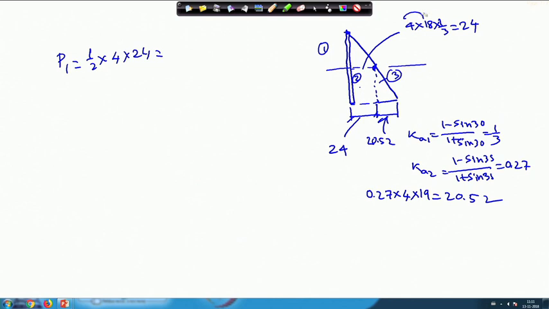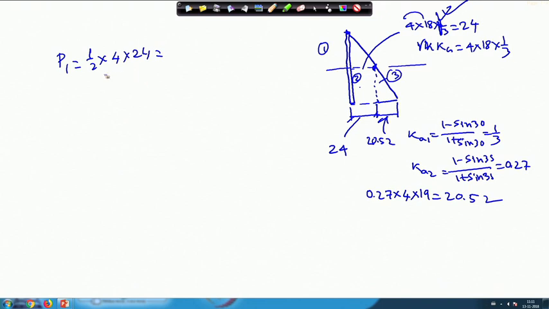Gamma h, sorry, this is why I have done 1/3. So, this is not 1/3, K A gamma h, so that will be actually 4 multiplied by 8 multiplied by 1 by 3. So, it will be 24.